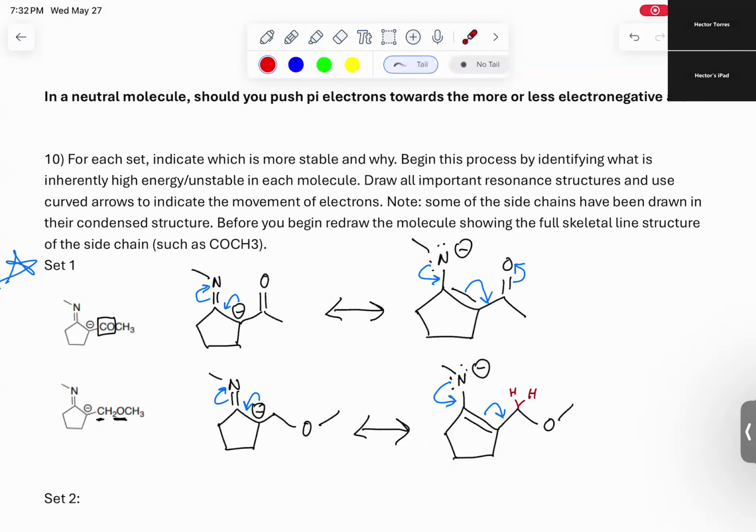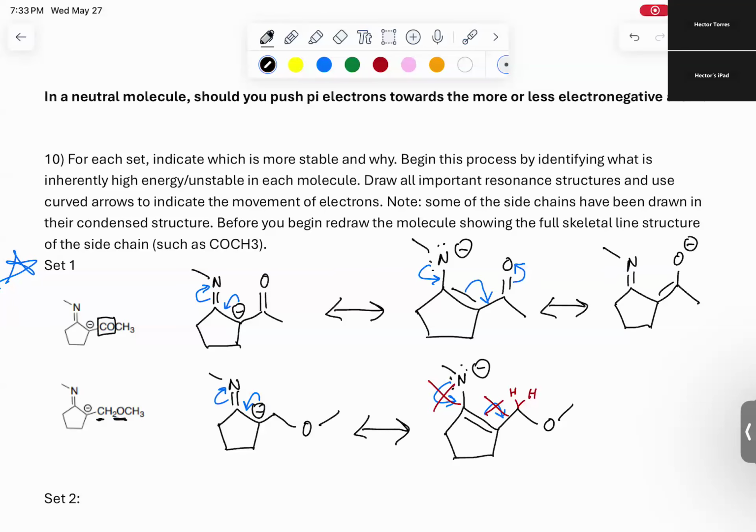So because of that, this carbon has no pi electrons, so there's no way we can resonate onto that. So this resonance structure doesn't work. Okay. However, on the one above with that double bonded oxygen, that one's going to work. So we're going to draw in this new resonance structure. Okay, it's going to look like that.